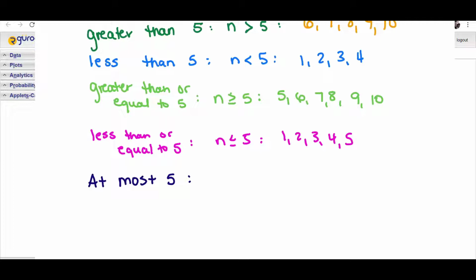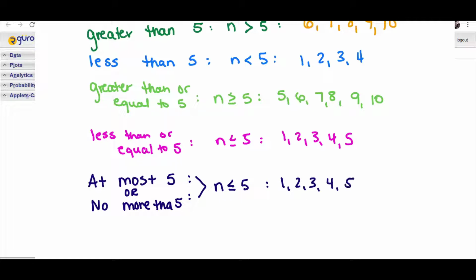The confusing thing is that we're using the word most, and you sometimes associate the word most with more, so you would think this implies greater than, but it doesn't. At most 5 is the most it can be. It can't be any more than 5. I'm going to put another one that's similar: no more than 5. These mean the same thing. The number is less than or equal to 5 because it can't be bigger than 5. And so those numbers are 1, 2, 3, 4, 5.